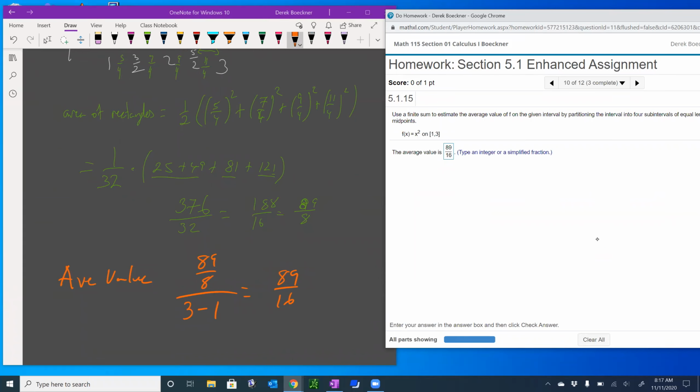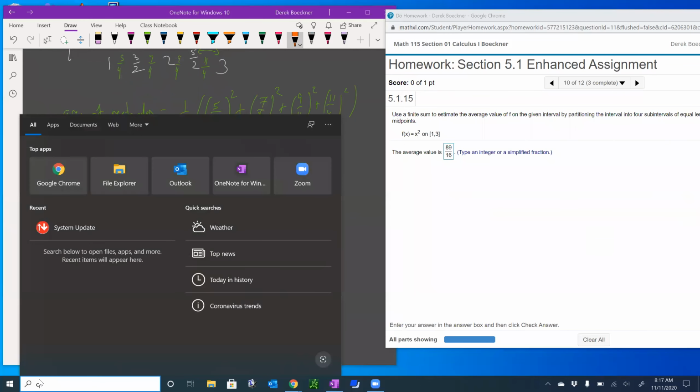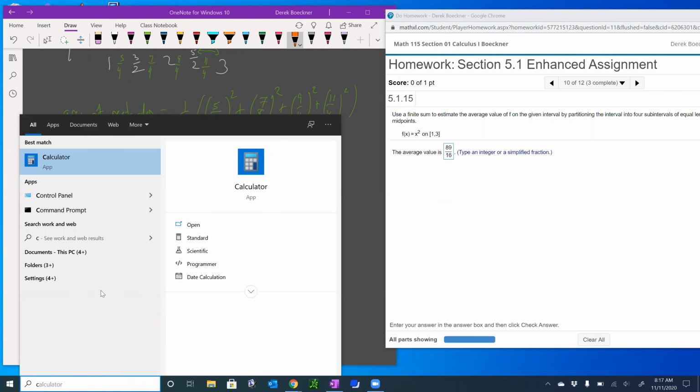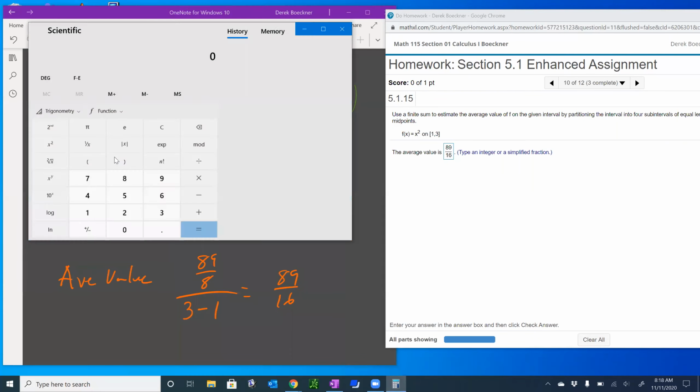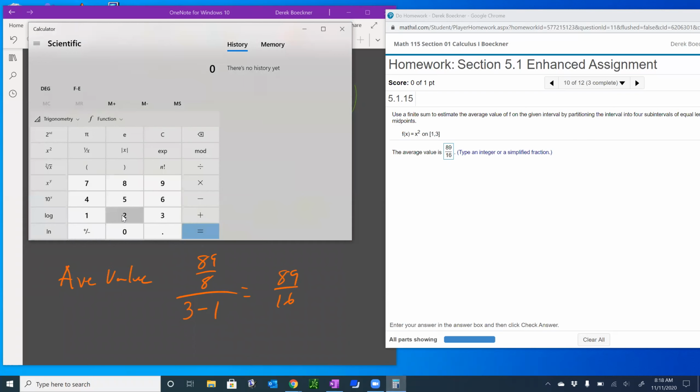Okay, calculator. So 25 plus 49 plus 81 plus 121. 276, not 376.